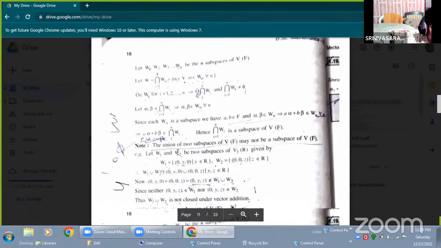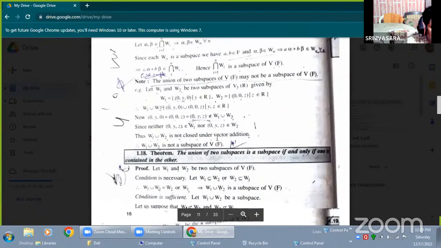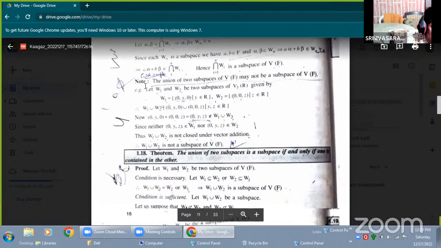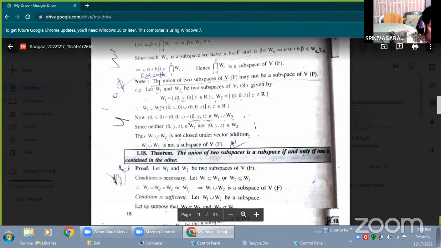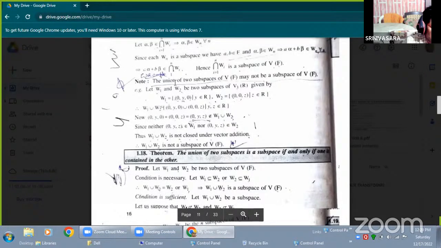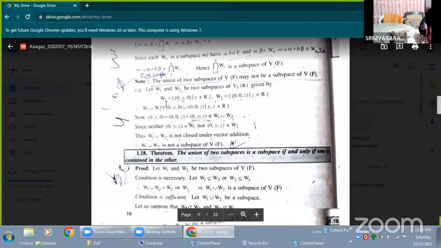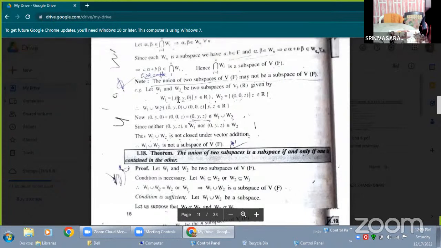That's enough. Now, the union of subspaces is not a subspace. Give an example. This is a practice test in your textbook. The solution gives an example where the union of subspaces may not be a subspace. First, take W1 as the points (0, y, 0), where y is a real number, and W2 as the points (0, 0, z), where z is a real number.